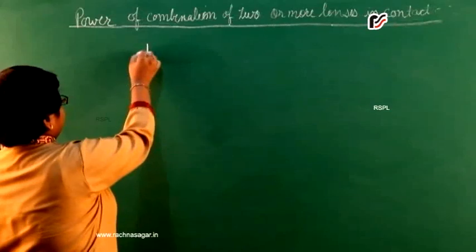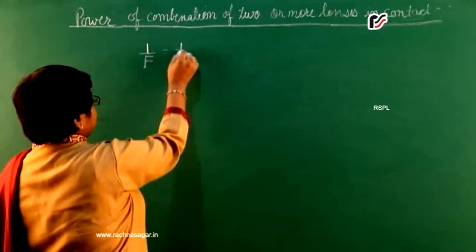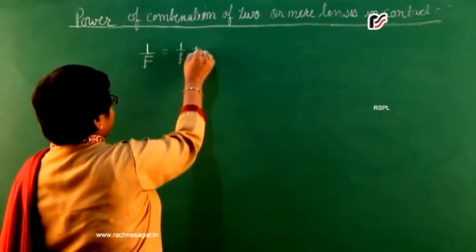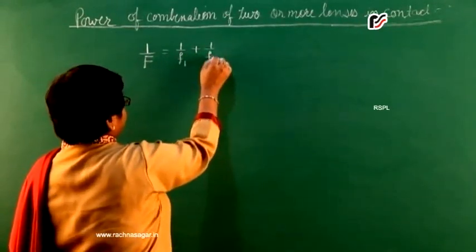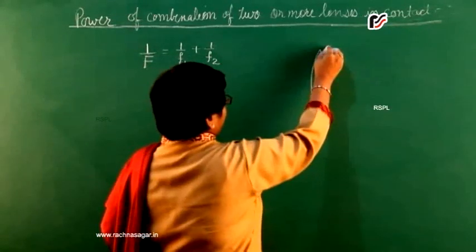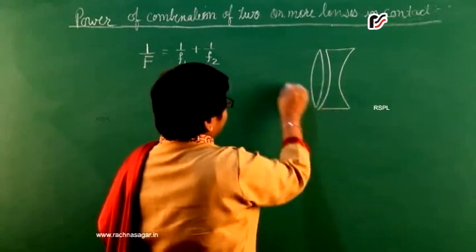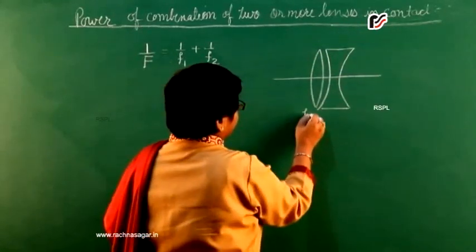As we know, the focal length of the combination of two lenses is 1 by f = 1 by f1 plus 1 by f2, where f1, f2 are the focal lengths of the two individual lenses.